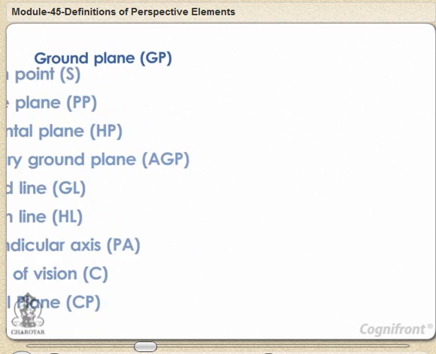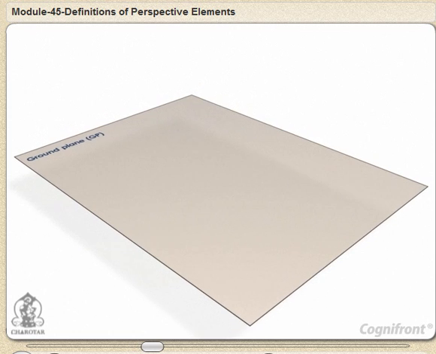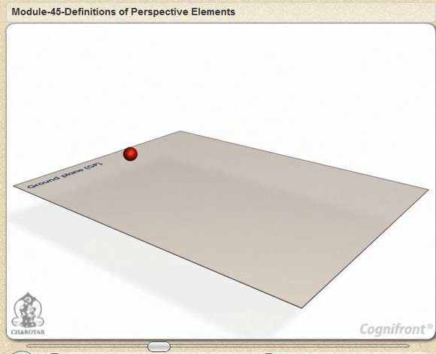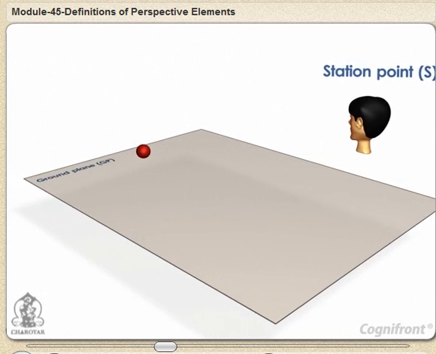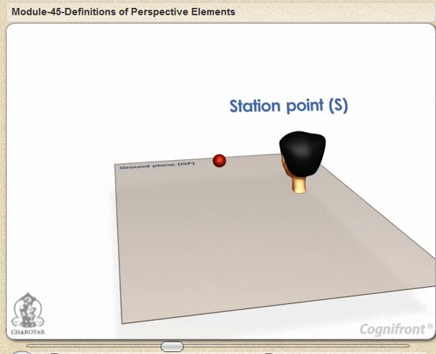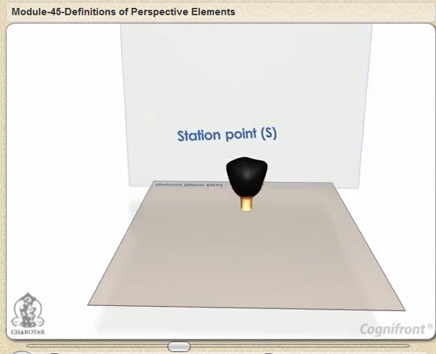Ground plane GP. It is a horizontal plane on which the object is assumed to be situated. Station point S. It is the point where the eye of the observer is located while viewing the object. Picture plane PP.